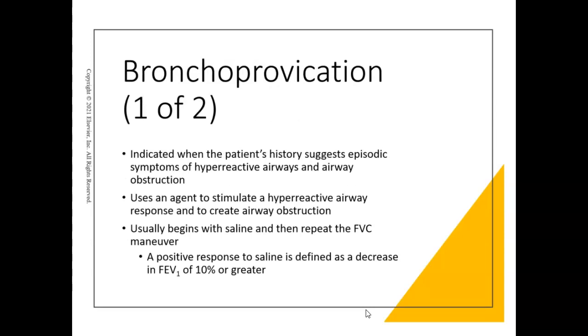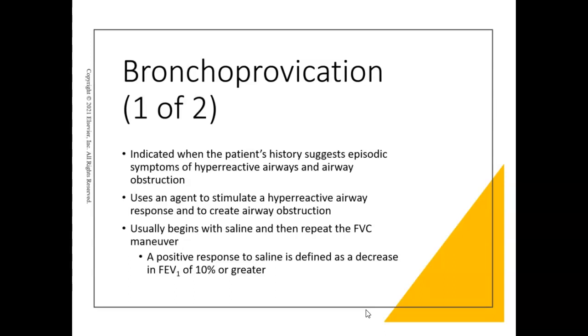Another test that we do related to FVCs is bronchoprovocation challenges. This is methacholine testing, is what most people call it. This is indicated when you really think the patient has asthma. So there's stuff in the patient's history that suggests hyperactive airways and airway obstruction, but they come in for their pulmonary function testing, and it doesn't really show that on their pulmonary function report.